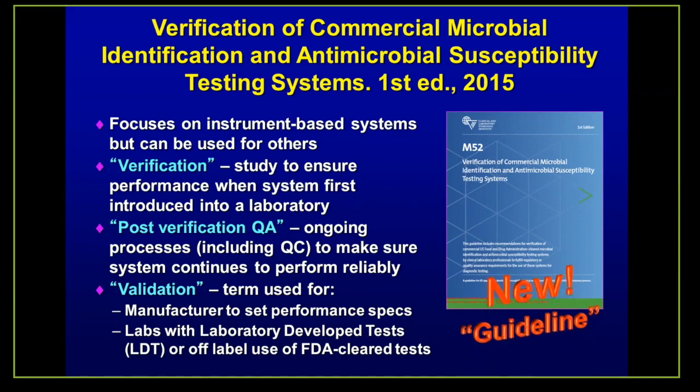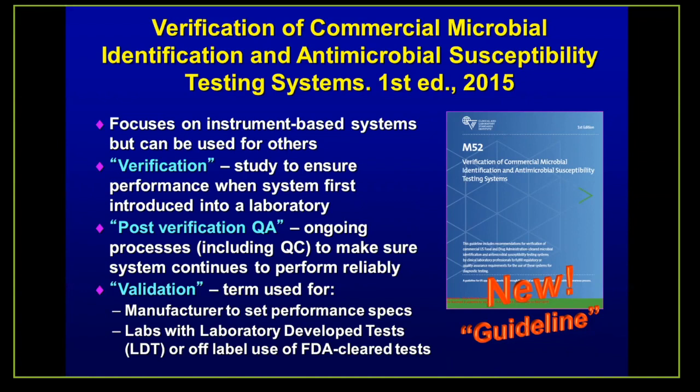I want to emphasize that the M52 is a guideline, not a standard. A guideline is a document usually developed through some type of a consensus process, and it describes the criteria for general operating practice. This is for voluntary use. You don't necessarily have to follow this guideline. And the end user can also use the guideline as it is written, or an end user can modify it to fit a specific need.